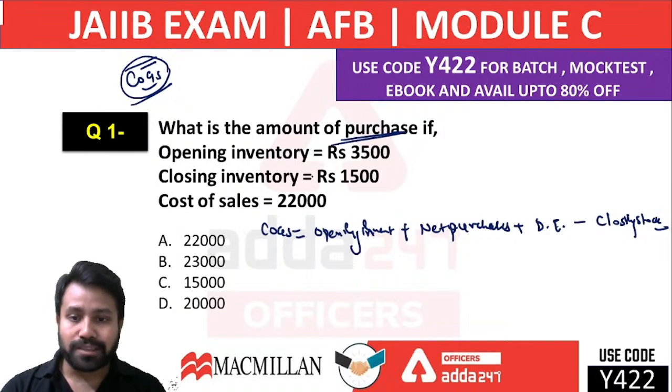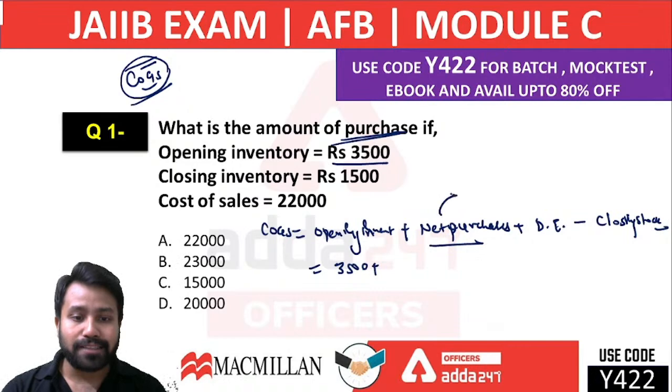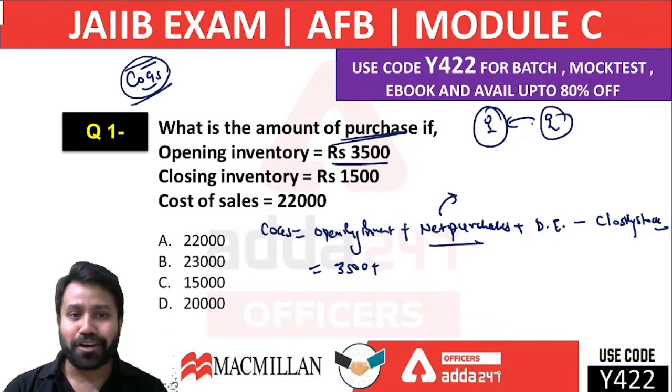After that, the opening inventory is given as 3500. So just write here 3500 plus net purchases. Suppose you purchase something, where you are the debtor and the other person is the creditor, and you are the buyer. Instead of just understanding debtor and creditor, the case arises when you actually take goods or services on credit.